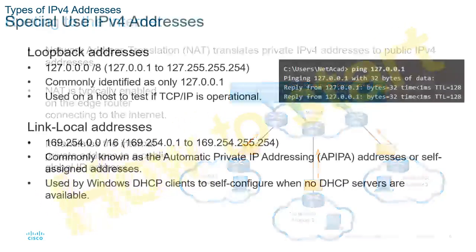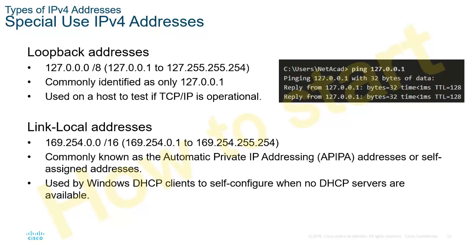Alright, moving on, we have a special type of IPv4 address known as a loopback address. This is basically a way to test the TCP/IP stack or operations of your device. It basically says ping yourself or loop back to yourself to verify functionality. We also have a link local address.